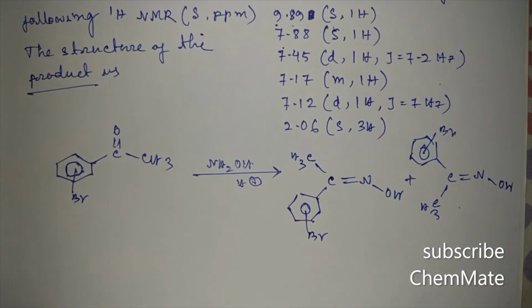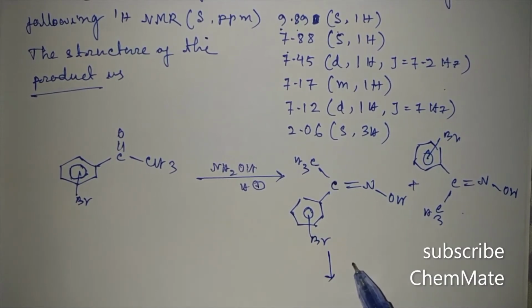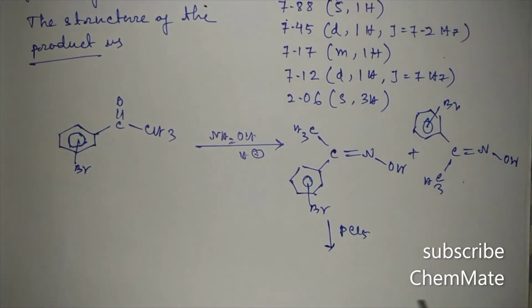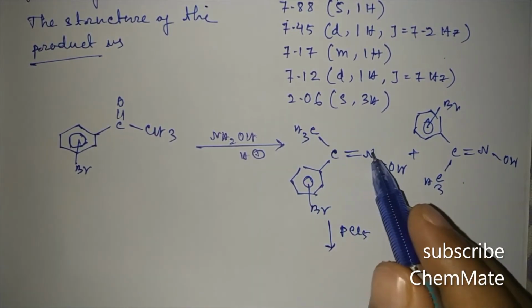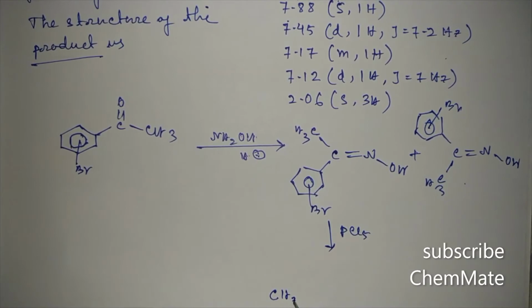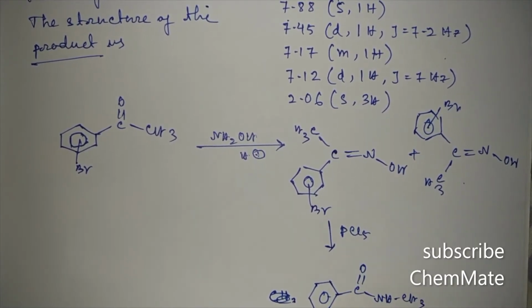Now if these two undergo Beckmann rearrangement, let's say with PCl5, then in the first, the CH3 group will migrate and the product formed will be the aryl C double bond O NHCH3, the amide.